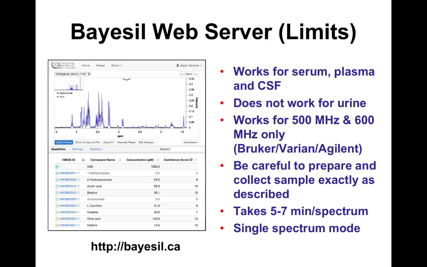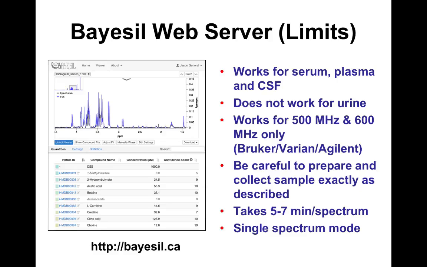Many people who use the online version don't read any of the instructions, and so they'll collect their NMR spectra completely the wrong way, or on completely the wrong fluids, or on the wrong spectrometer strength, and then they'll try to fit, and they'll evidently complain bitterly afterwards.